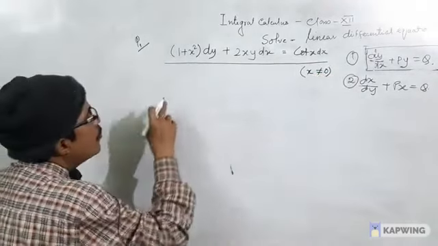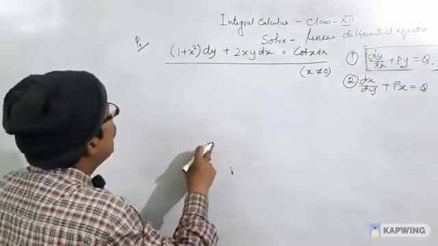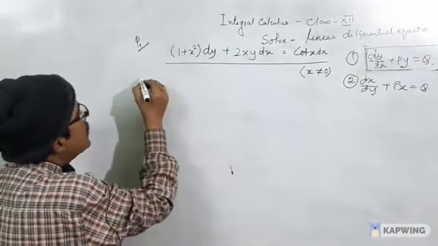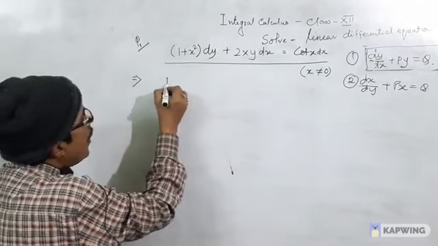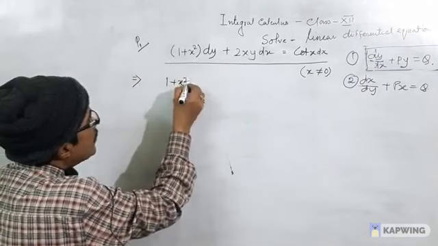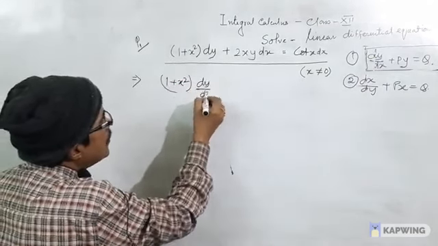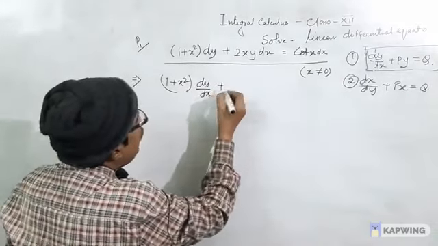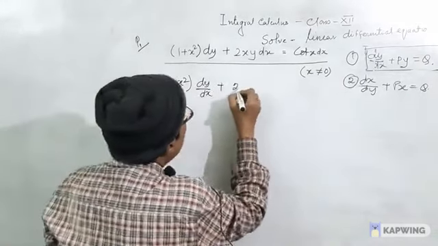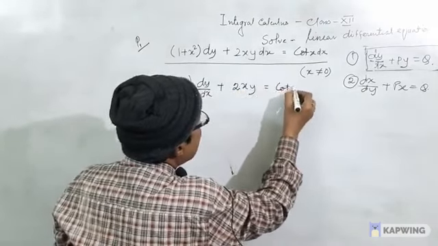Now, first we want to get it in this form. So first, 1 plus x square times dy upon dx equal to minus 2xy plus cot x.